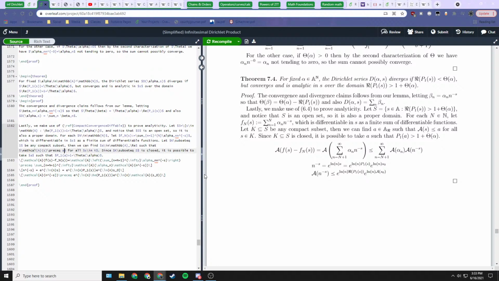So actually what we need to do is we can say if K is compact, then the image of exp of K is also compact, or we could do exp of negative K is also compact.